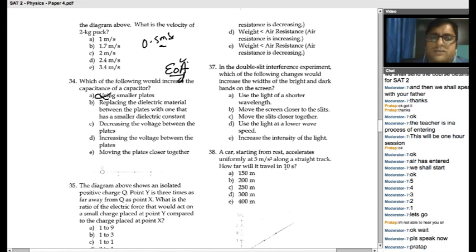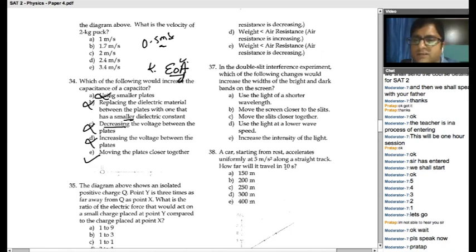Replacing the dielectric material between the plates with one that has a smaller dielectric constant: when you plug in the new dielectric constant, the capacitance gets multiplied, so smaller means it should decrease. Decreasing or increasing the voltage has no impact. Moving the plates closer will not decrease it, because D is decreasing.